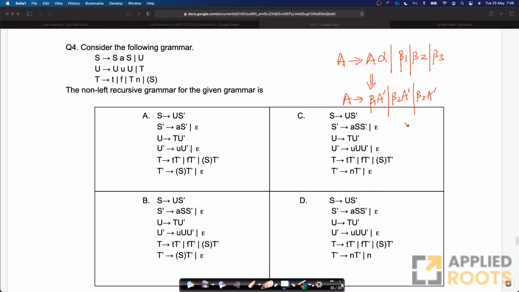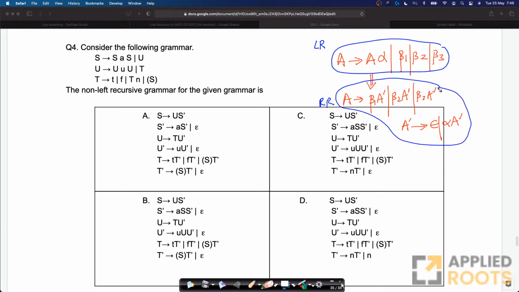This is one production rule. The other production rule is A dash generates either epsilon, or A dash generates alpha A dash. This is right recursive. This is not left recursive. So this is a very simple rule to take you from left recursive to right recursive. You just replace this wherever you have left recursion with this. That's it. Your problem is solved.